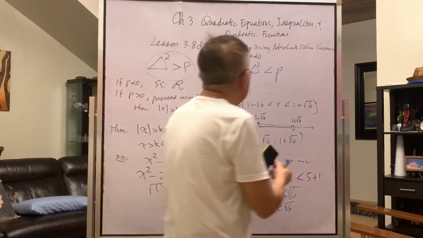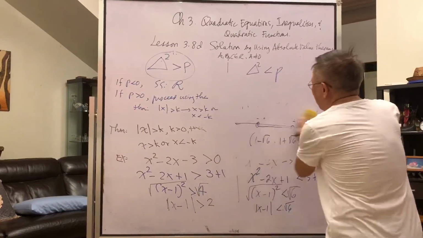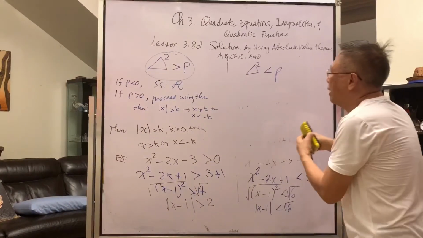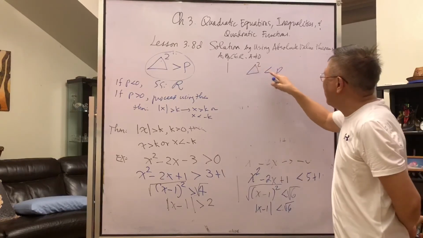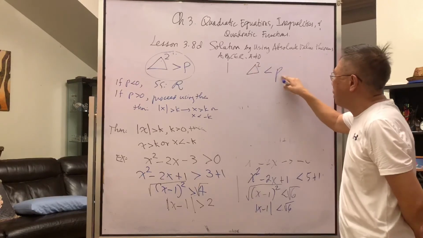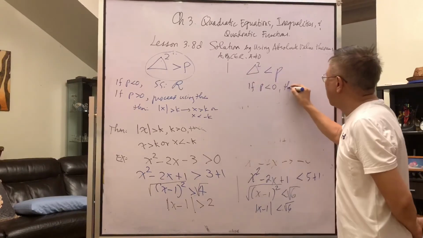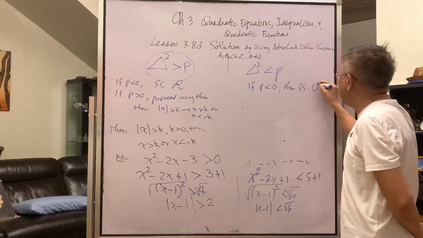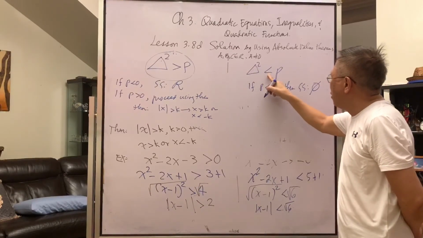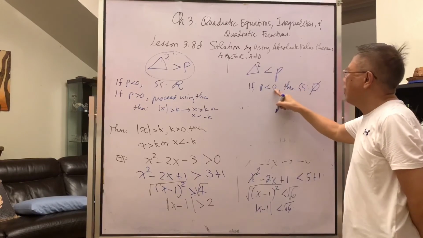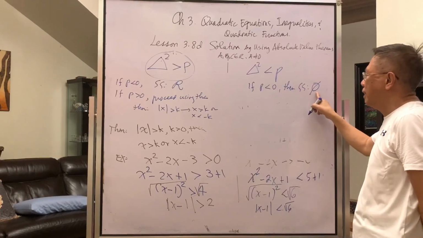On the other hand, if we are solving a less than inequality and initially this statement gives us p less than 0, then our solution set is already the null set, meaning a squared number can never be less than a negative number. That's why the solution set is the null set.